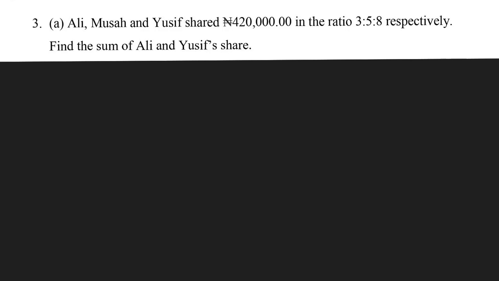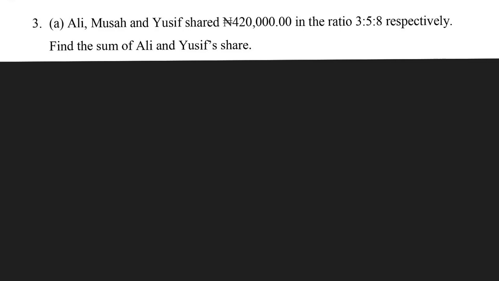All right, question 3a says Ali, Musa, and Yusuf shared 42,000 in the ratio of 3 to 5 to 8, respectively. Find the sum of Ali and Yusuf's share.